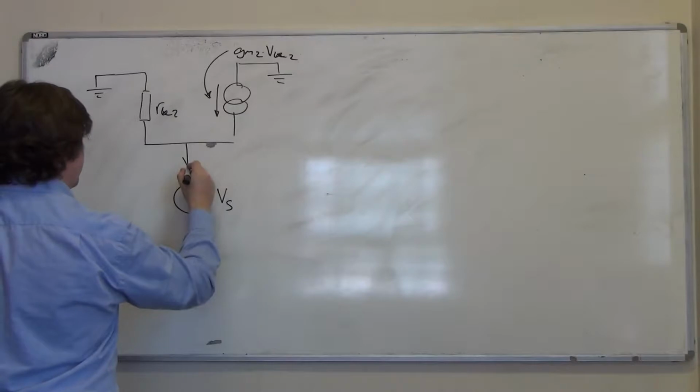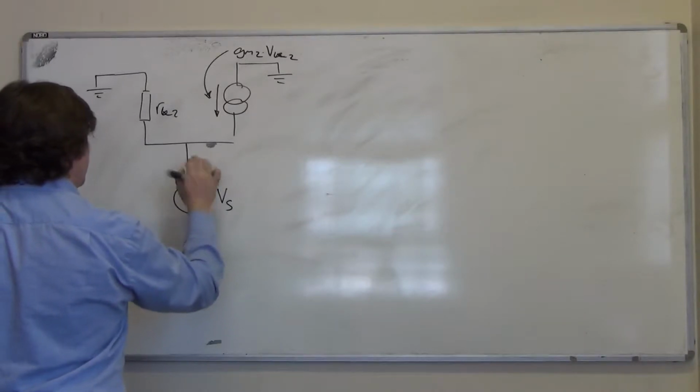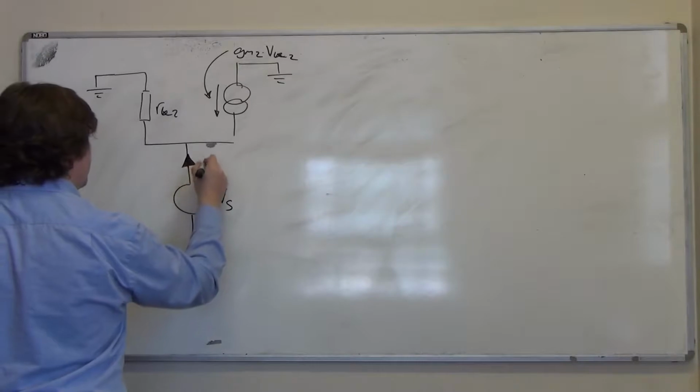Let's call the current, which way should we draw it? Draw it going upwards. Current flowing inwards, which is going to be IS.